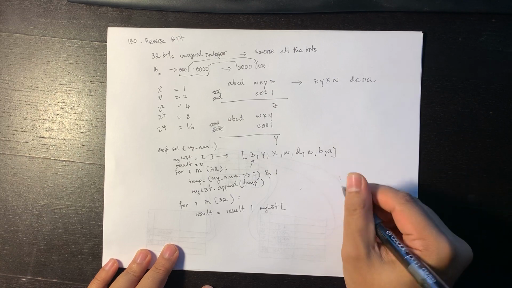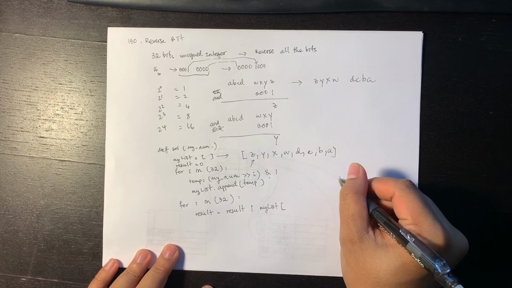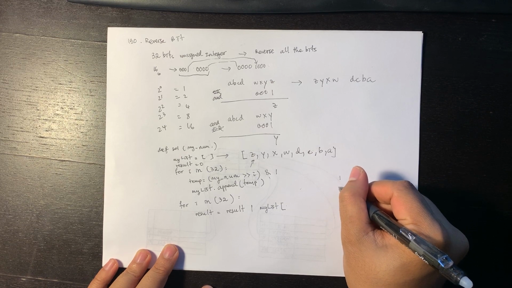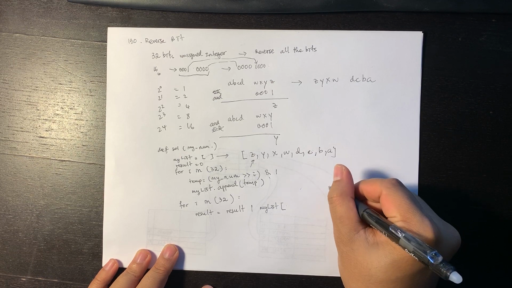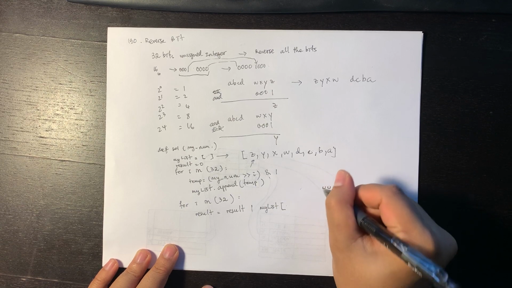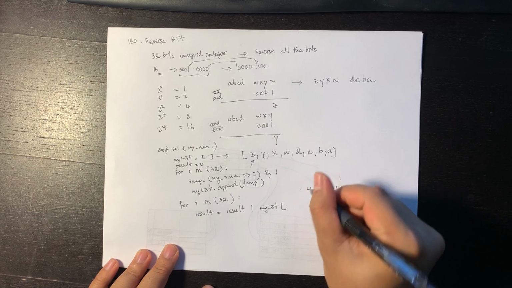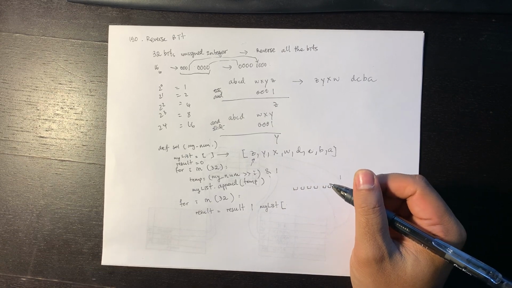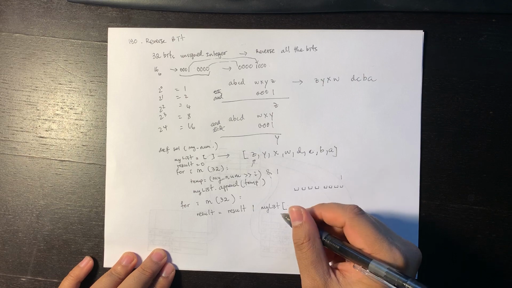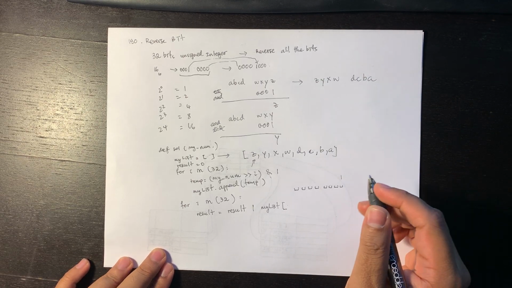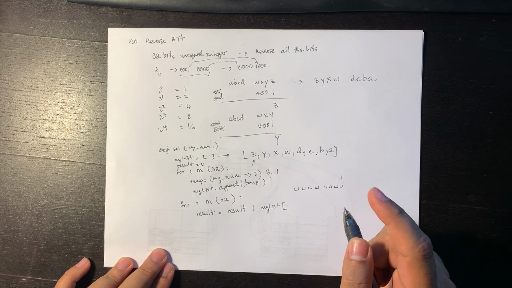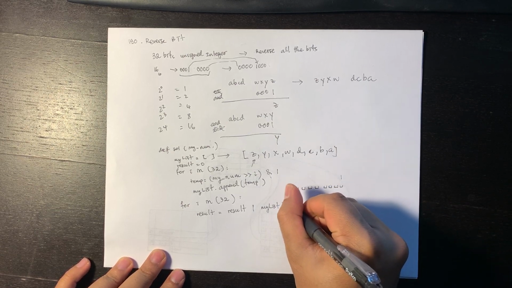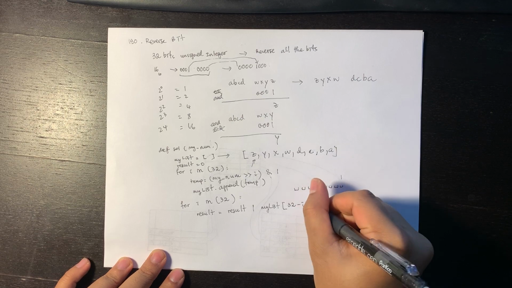If it was 8-bit, we will shift this 8 times, 1, 2, 3, 4, 5, 6, 7, 8. The same with 32-bit: for the first iteration, we want to shift it 32 times, so it would be 32 minus i.